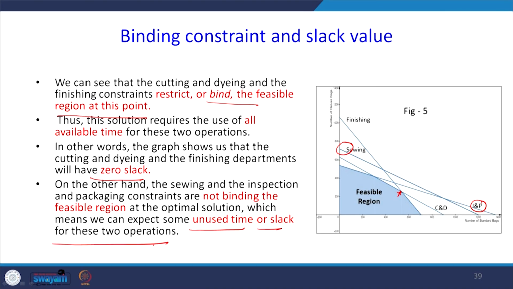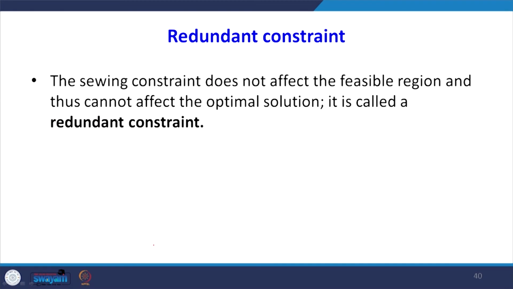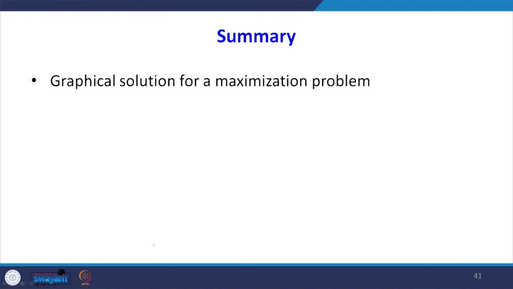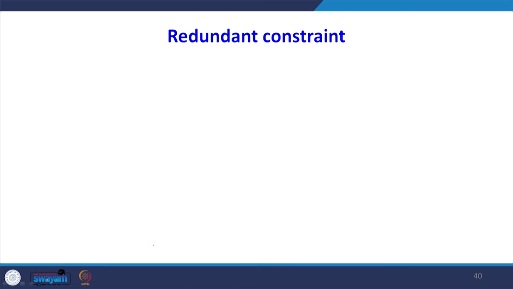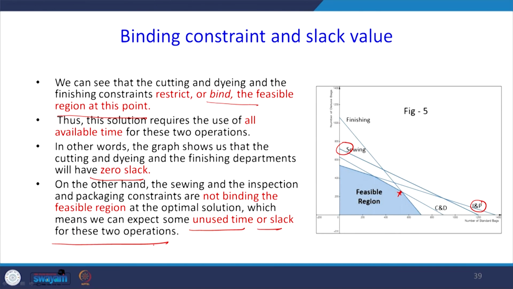Which ones? Sieving and inspection. The next one is the redundant constraint, another term. The sieving constraint does not affect the feasible region and thus cannot affect the optimal solution. It is called a redundant constraint. I will go back: what is the redundant constraint? You see this one, the sieving constraint, it is not forming part of the solution.